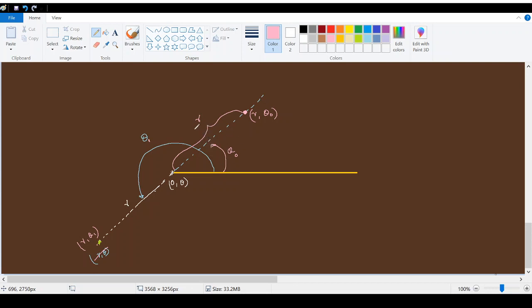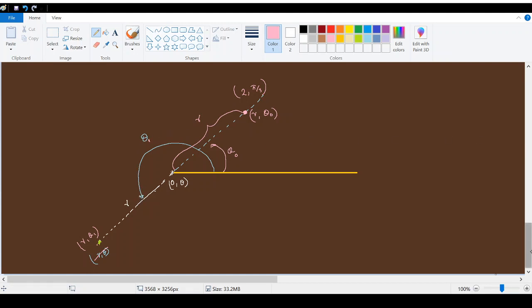So there is a method in the polar coordinate system to mention one point with respect to the other, right? Now that means if we know the exact coordinates of this point, let's say that is 2, pi by 3, then we don't have to find this angle once again.